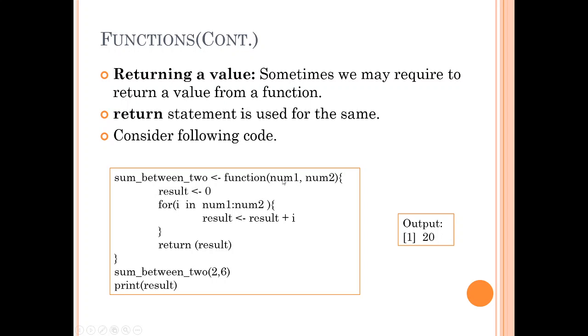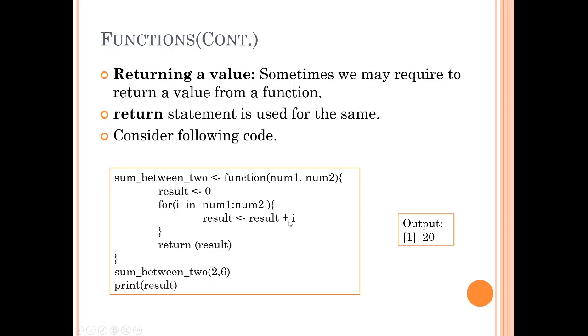What we can infer from the names is num1 and num2. It has a third variable inside it, result, which is initialized with the value 0, and a for loop which starts from num1 and goes up to num2.